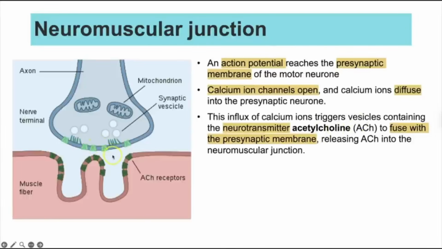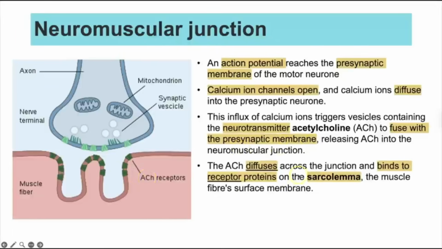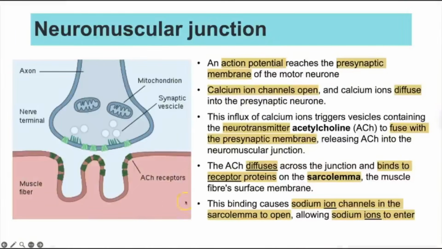It diffuses across this gap and binds to receptors on the postsynaptic membrane. But the postsynaptic membrane here is the sarcolemma, which is the membrane of the muscle fibres. The binding causes sodium ion channels to open in the sarcolemma and sodium ions diffuse in.